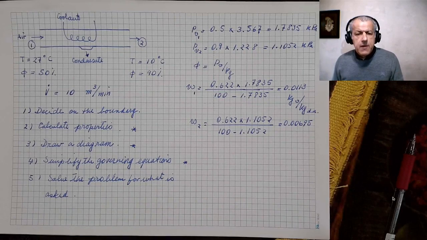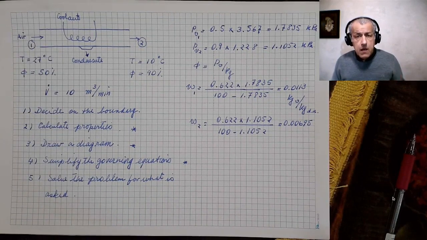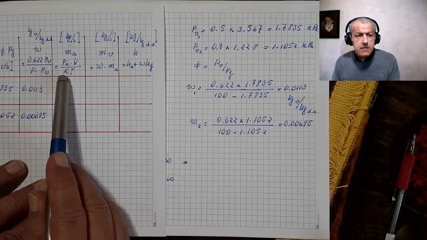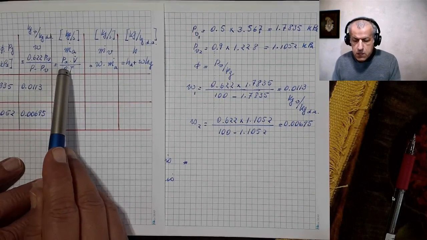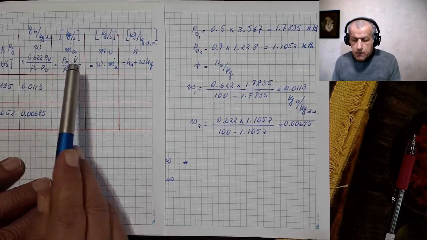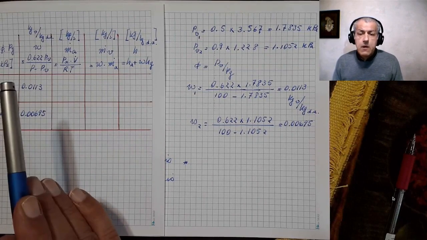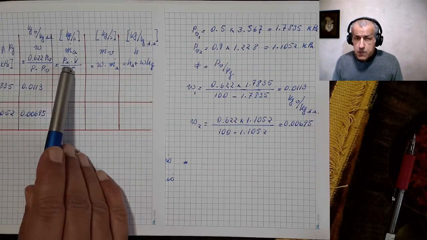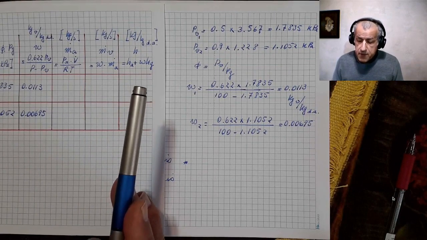Well, the next step in our calculation is to calculate the mass of dry air that is going through the process. And this is the next column in our table. To calculate the mass of air, of course, volume is the same for air, for vapor, and for the mixture. That's how we assume it. We need the partial pressure of air, which is the total pressure minus vapor pressure.